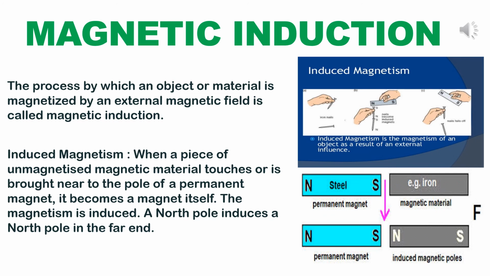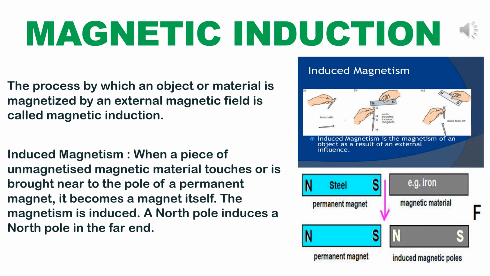How? That is, this iron bar has been magnetized due to induction and a north pole has developed at the end which is nearer to the needle, and hence south pole is induced in the opposite end.